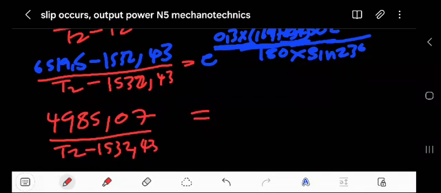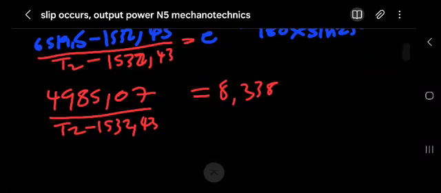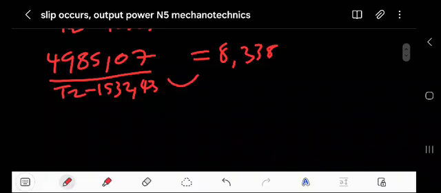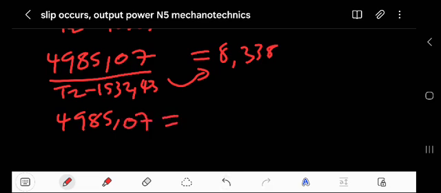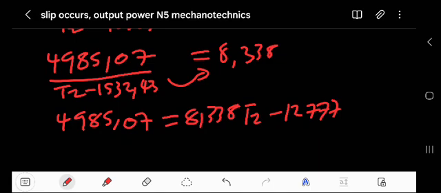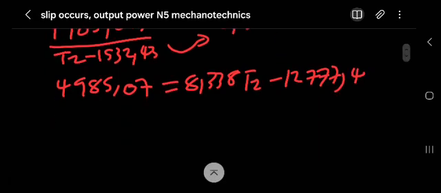This is 8,338. Then cross multiplying, we'll have 4985.0 should be 8,338 T2 minus 1,4 like this. Then it's a matter of maths.